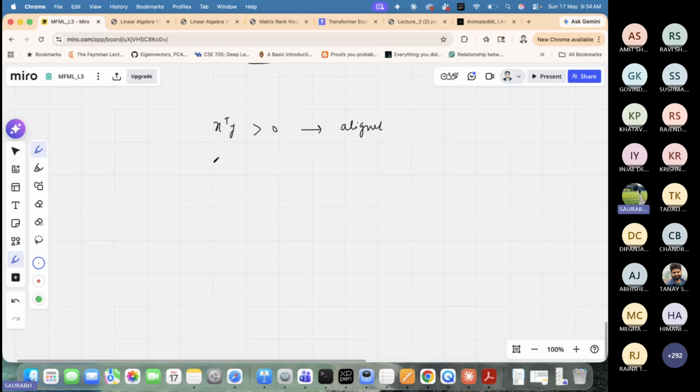X dot y or x transpose y, they are all the same, right? If this is 0, then it means that they are not aligned. Basically, you will eventually see that when x transpose y equals 0, they are orthogonal.